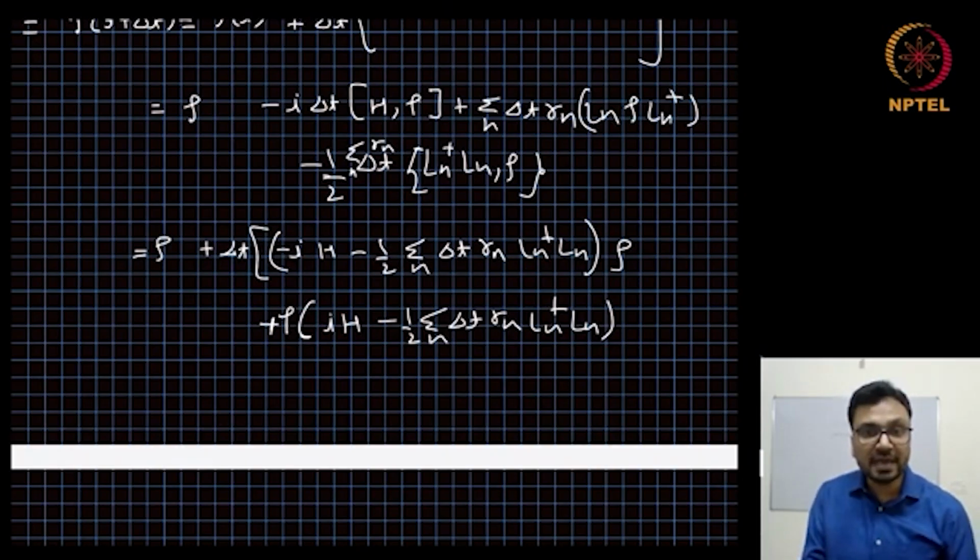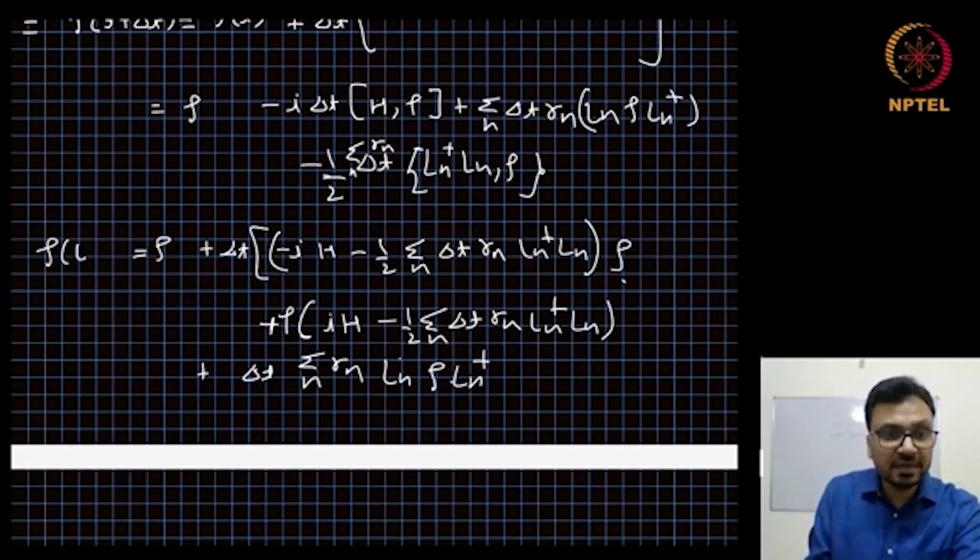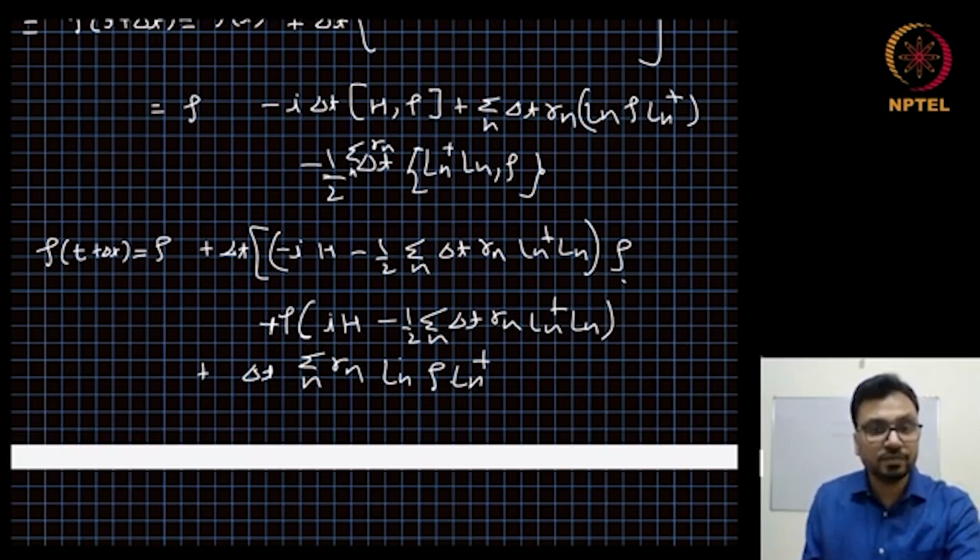You see minus i H rho and plus i rho H, that is the commutator of H with rho with minus i outside, and minus half sum over n delta t gamma_n L_n dagger L_n rho minus half rho delta t gamma_n L_n dagger L_n is the anticommutator. So our rho of t plus delta t can be written in this form.